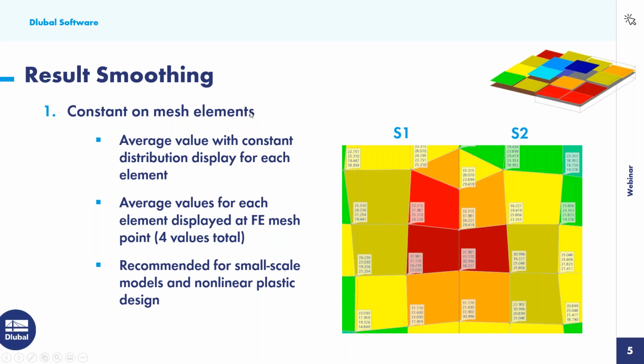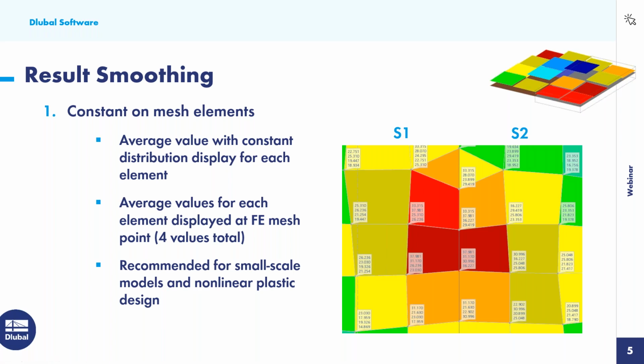Well, the first option in that list that I just showed you is the constant on mesh elements. What we're going to do is to average out the value with each FE element and show a constant distribution display. So notice each one of these FE elements has a single color applied to it. However, each element is very independent of the one right next to it. Now, the average values for each element are displayed at the FE mesh point.